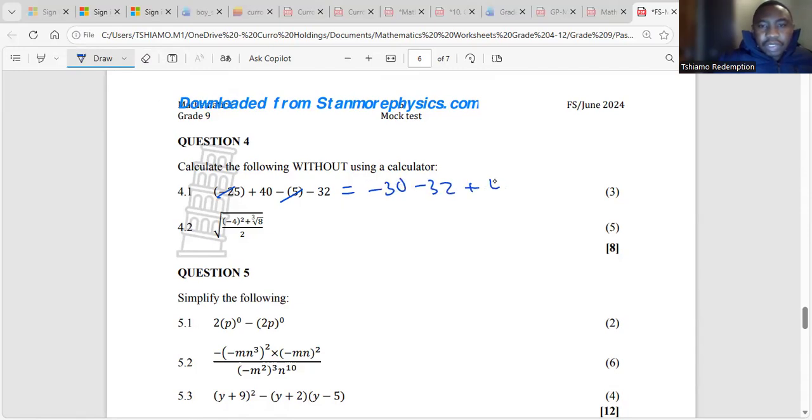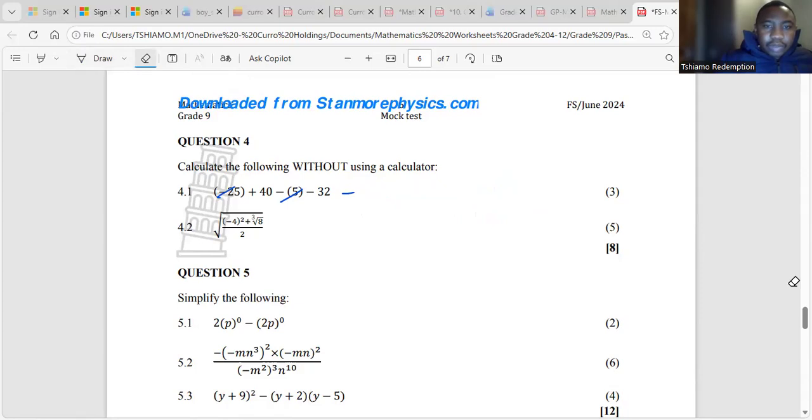Negative 32 plus 40. How much will that be? Negative 2 plus 40 will give me negative 32. Okay, you can verify with your calculator. Yes. Then let's look at this one.